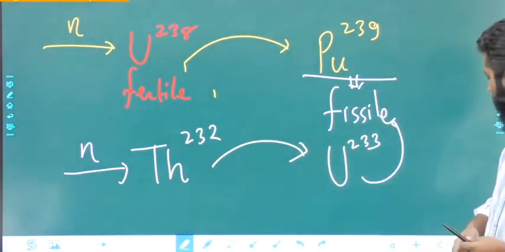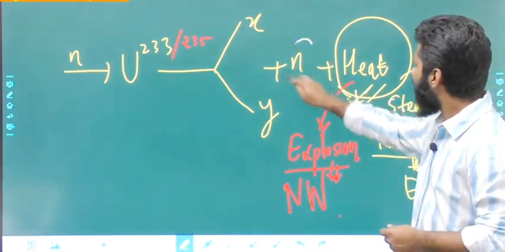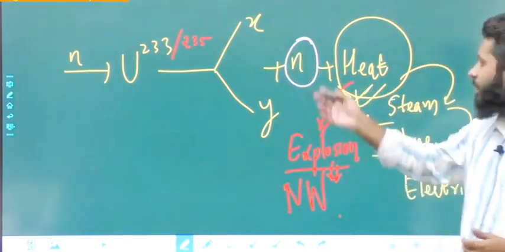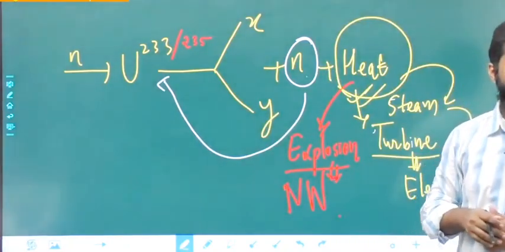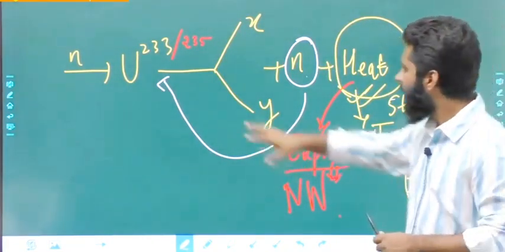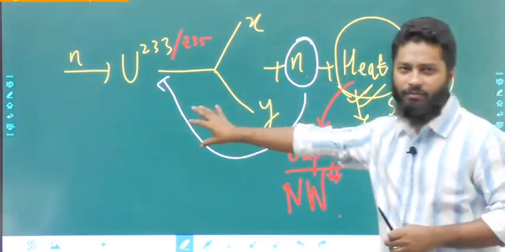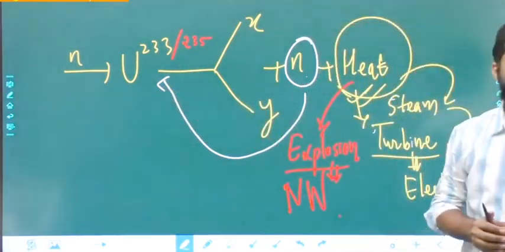See, when this neutron is released, why is it a continuous chain reaction? Because this neutron will hit another atom of uranium 233 or 235. What will happen? This is the reaction, simple. This is the one dimensional simple reaction, neutron bombardment with uranium 233.